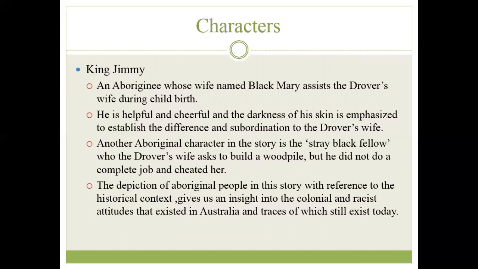Another Aboriginal character in the story is the stray black fellow whom the drover's wife asked to build a wood pile, but he did not do a complete job and cheated her. The depiction of Aboriginal people in this story, with reference to the historical context, gives us an insight into the colonial and racist attitudes that existed in Australia, traces of which still exist today.